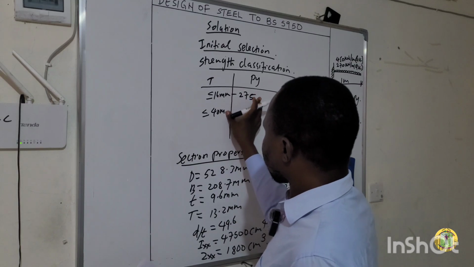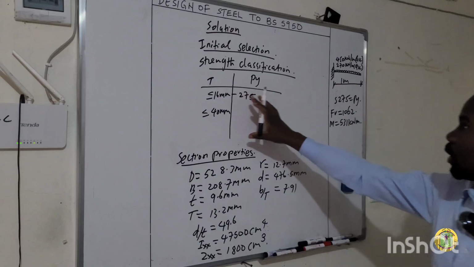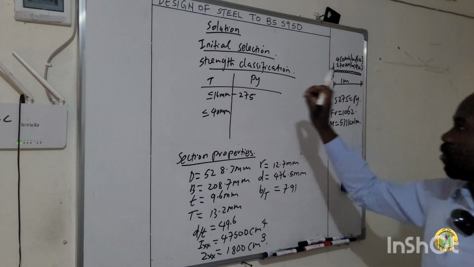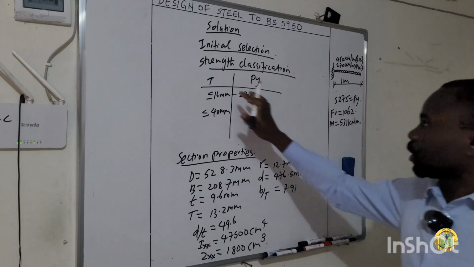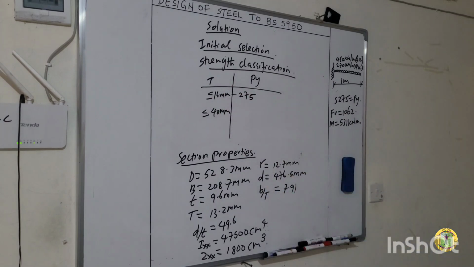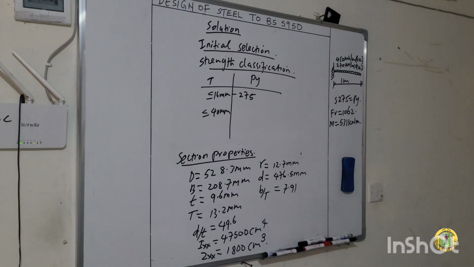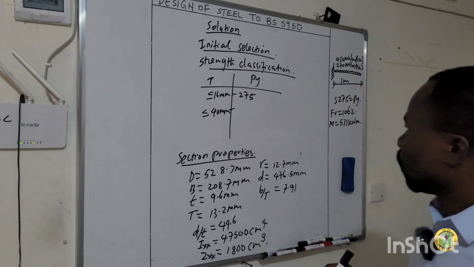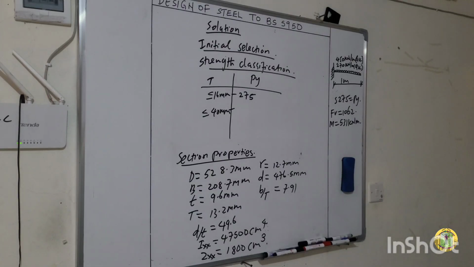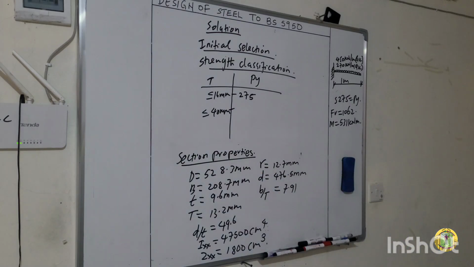millimeter. And for your information, in your exam, don't write this table. Just classify based on this capital T you have obtained from the universal beam table. I'm just doing it for the learning purposes, but for exam, don't waste time writing this table.